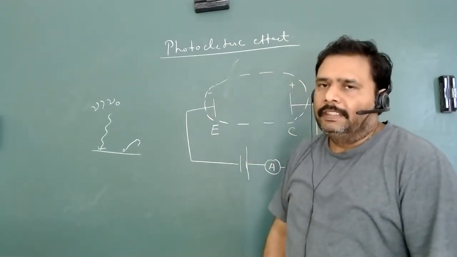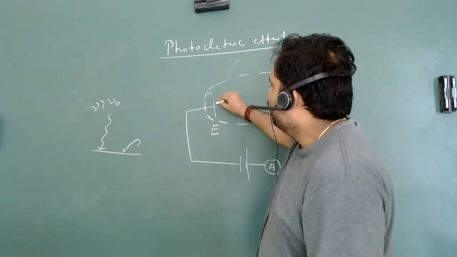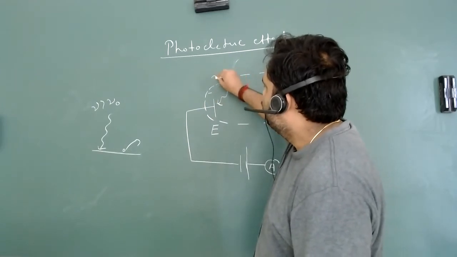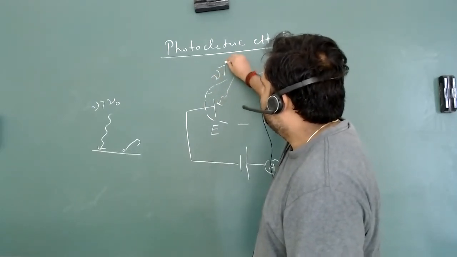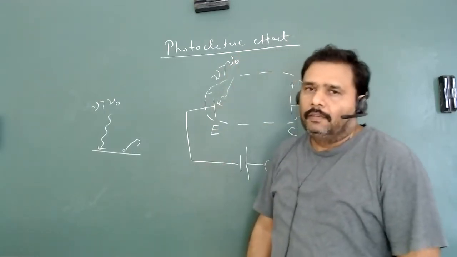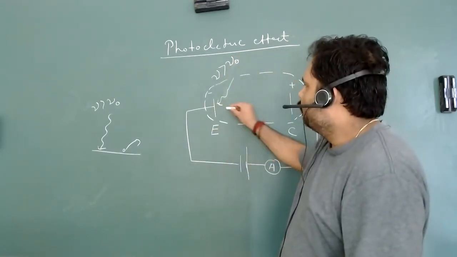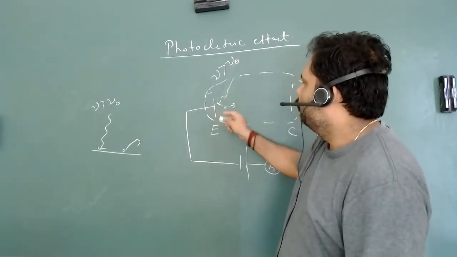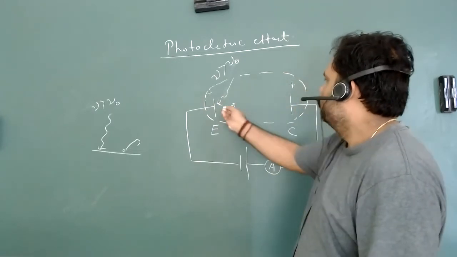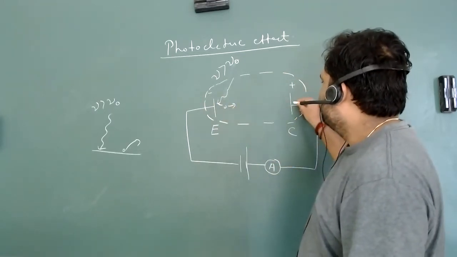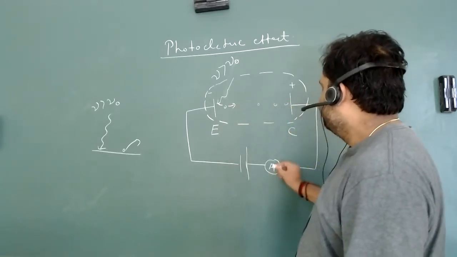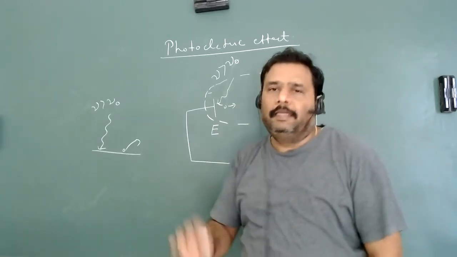What we have seen is that if light has a frequency greater than some particular frequency, then electrons will come out. This is negative polarity, so it will repel the electron. The collector has positive polarity, so it will attract the electron, and the electron will reach here and we will see some deflection.